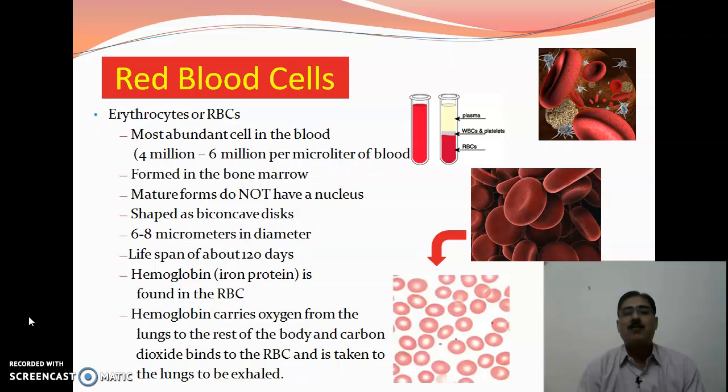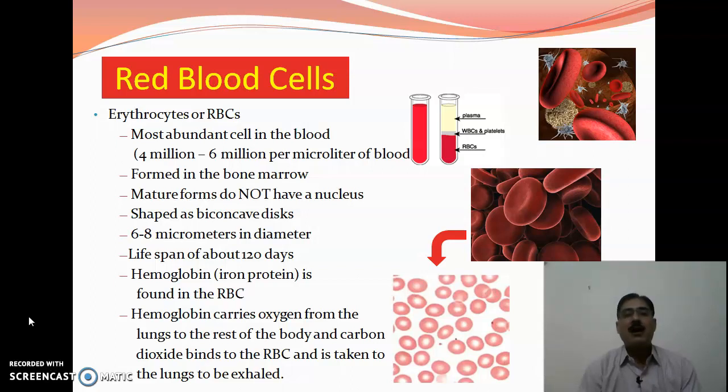In the case of the llama, the nucleus is present, or the RBC is nucleated. They are shaped as a biconcave disc, as shown in this slide also. The diameter is approximately 6 to 8 micrometers and the lifespan is approximately 4 months, that is 120 days.